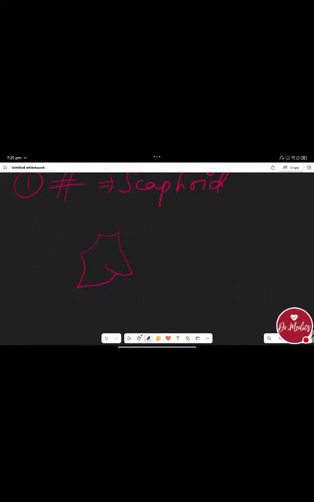So this is the scaphoid bone which is present in the wrist.